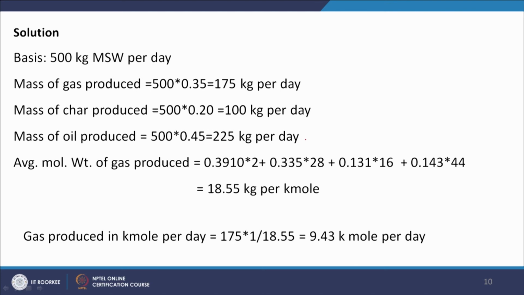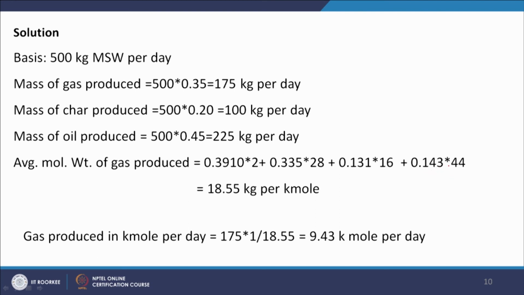Now the gas has different components. The average molecular weight of gas produced will be 0.3910 into 2 for hydrogen, plus 0.335 into 28 for carbon monoxide, plus 0.131 into 16 for methane, plus 0.143 into 44 for carbon dioxide, 14.3%.